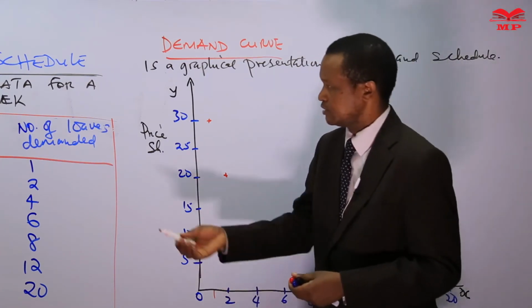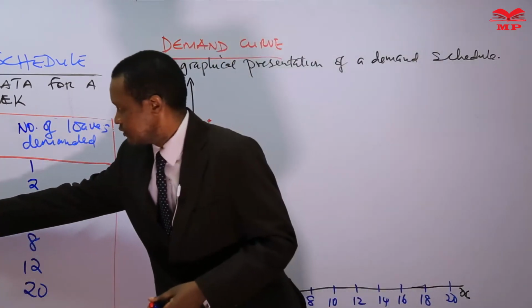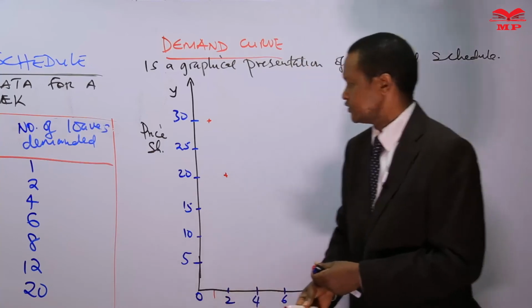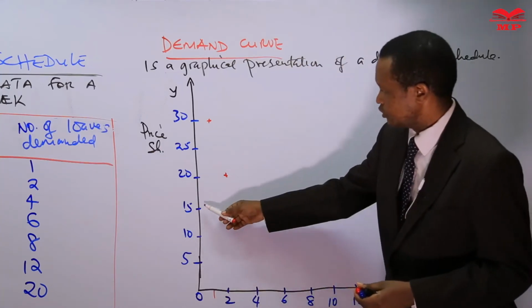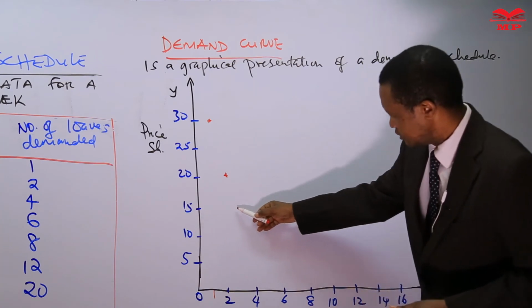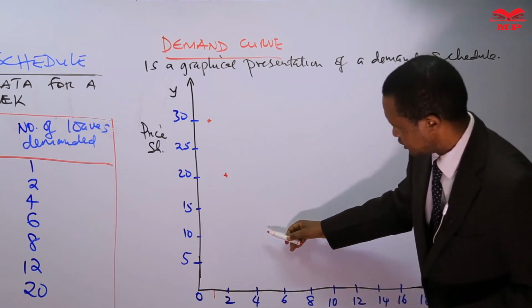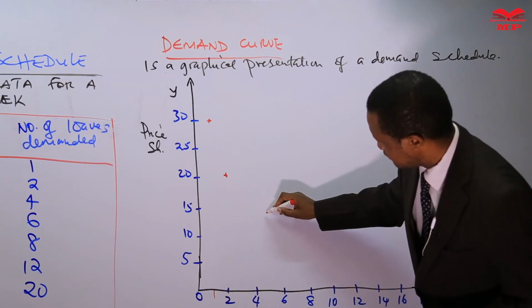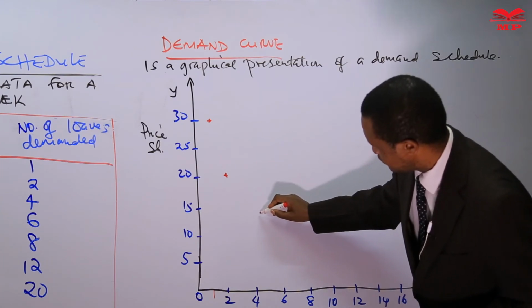The third point is 15. When the price reduces to 15 shillings, the number of loaves demanded, you can see here, has gone up to 4. 15, 4.